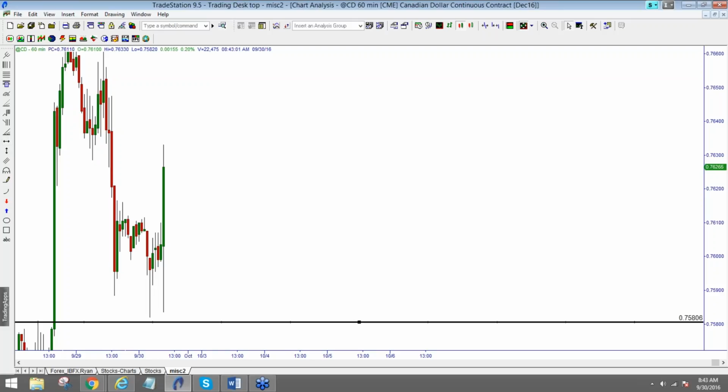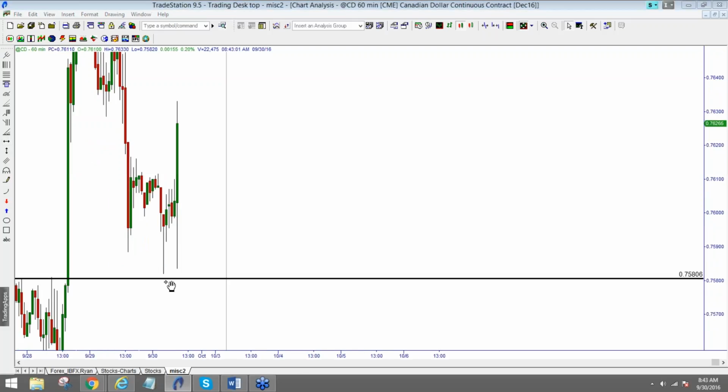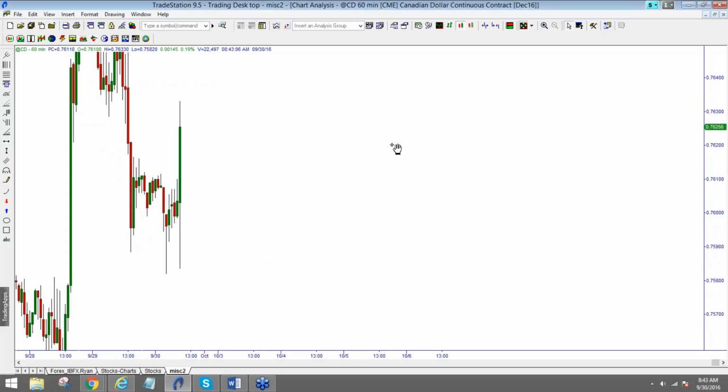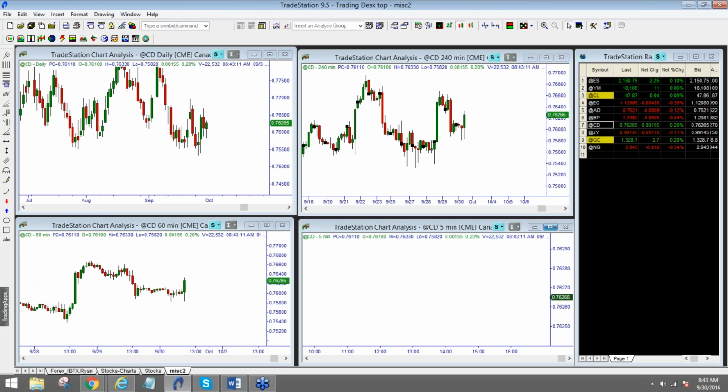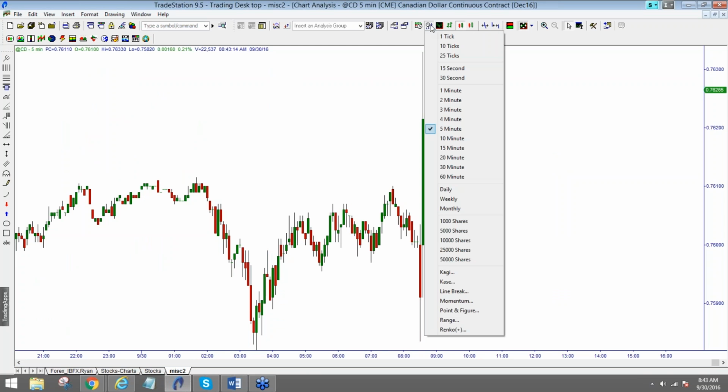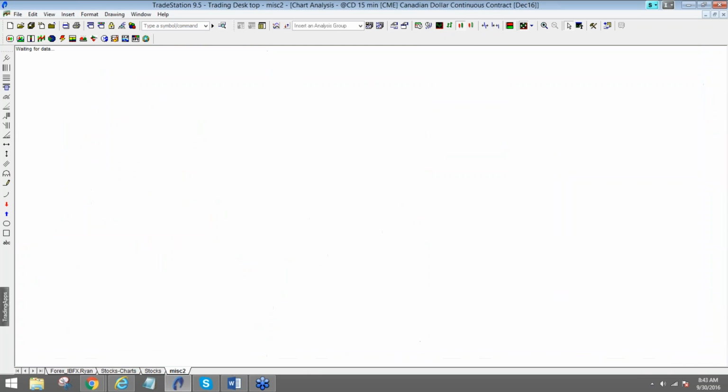Nice strong candle on the Canadian dollar. This is the Canadian dollar futures, not the USD CAD. I can look at that at some point, but let's stick with this for now.